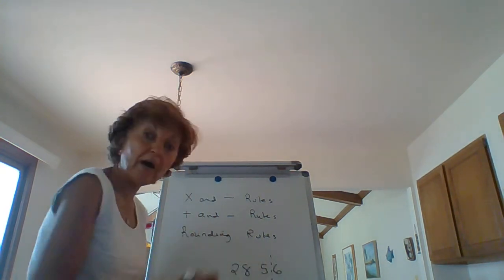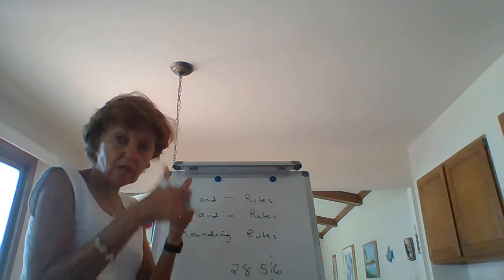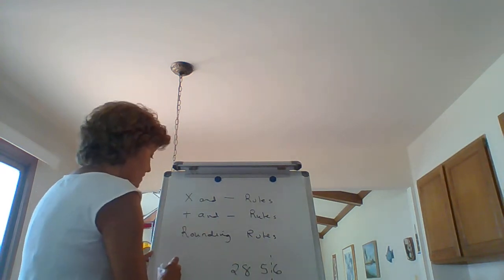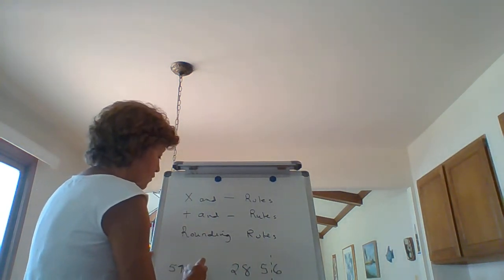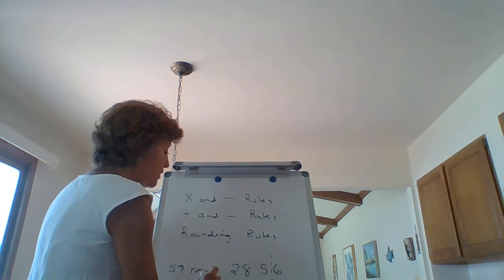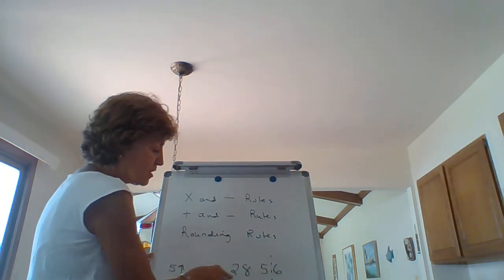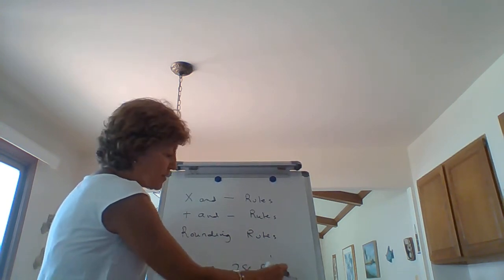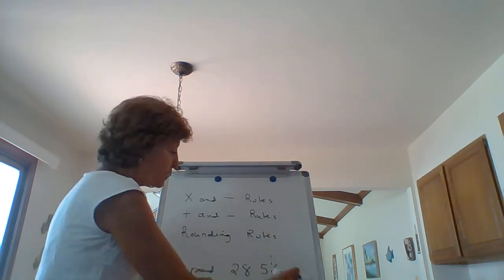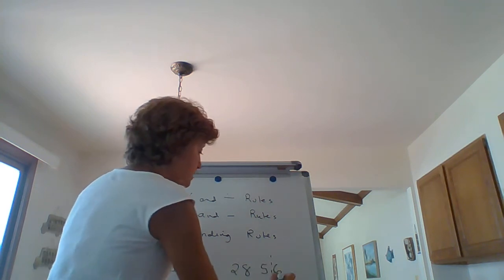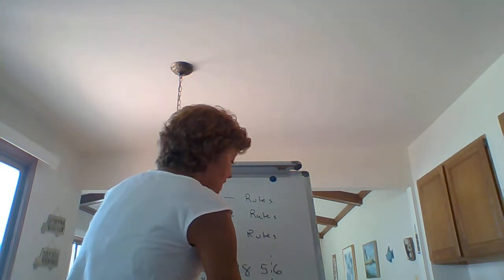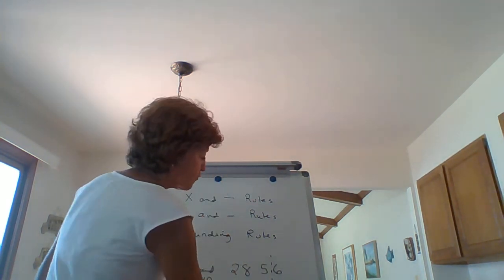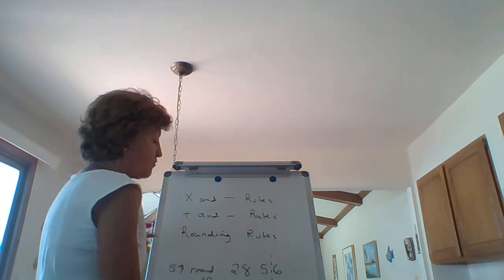Since this is a 5 or higher, you round up. So just remember that 5 or higher, you round up. Which one do we round up? Just this one. Don't touch these guys. The one you're about to round up is the one next to the one that you're about to drop. So your final answer is 28.6. And you just drop that extra sig fig.